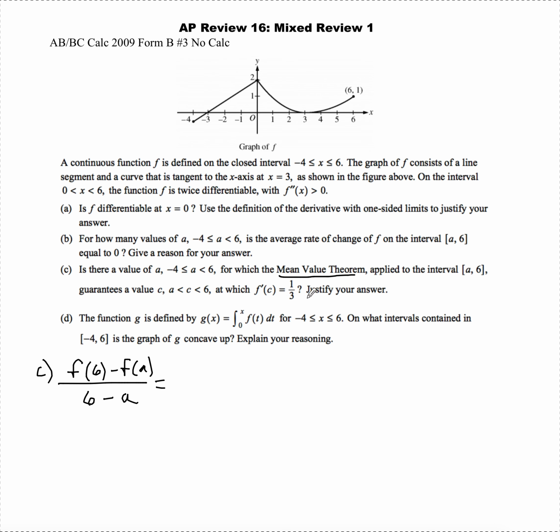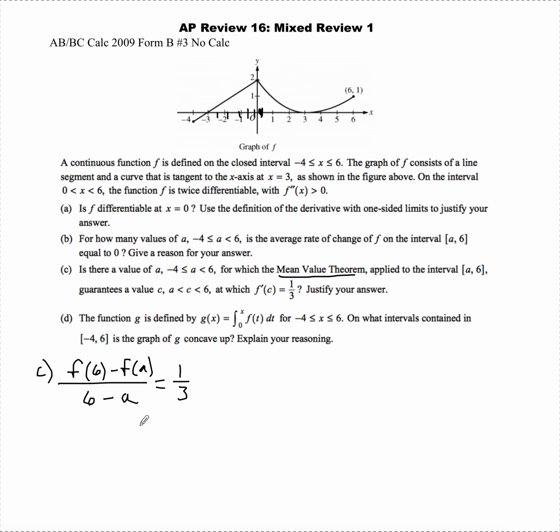And they're saying, is there a value where the derivative is going to be equal to 1/3? So basically, if the mean value theorem applies, this average rate of change has to equal 1/3, and A has to be starting at least on this side of that corner. To be able to use my mean value theorem, I need a differentiable section.